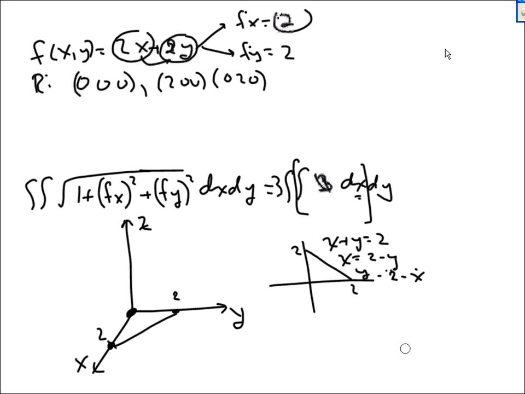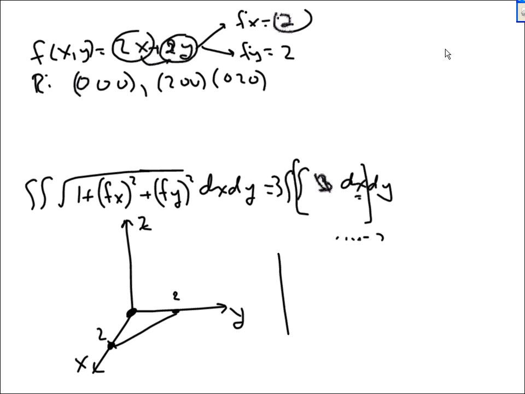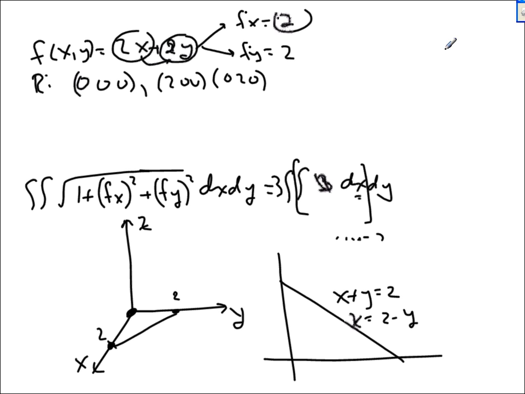Now, I would like to have this a little bit bigger because this is very important. X plus y is 2. Bringing the y to the other side, bringing the x to the other side. So, I want to know what x goes from. Well, right here, x is 0.